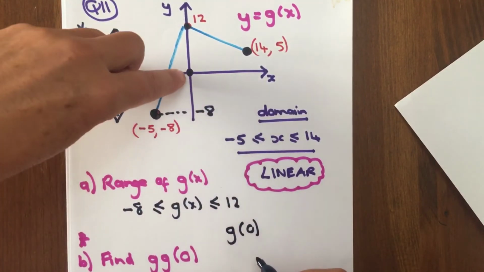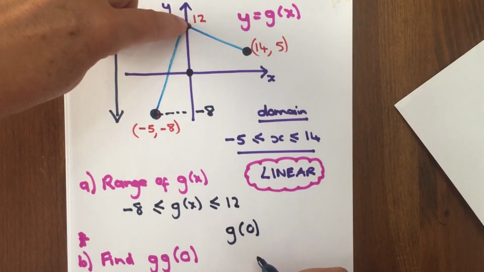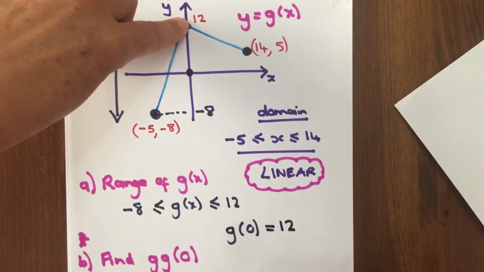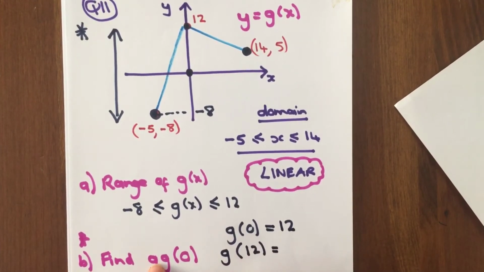Yeah? So when x is 0, if I go up, I get g of 0 to be 12. So g of 0 is 12. Now I'm doing g on 12. G on g of 0. G of 0 is 12.